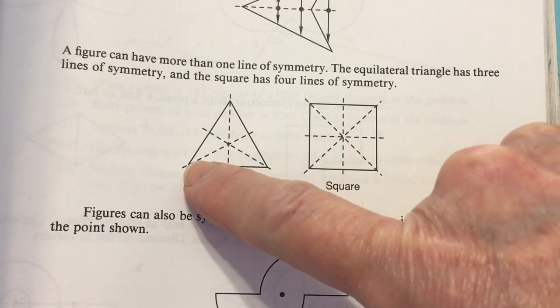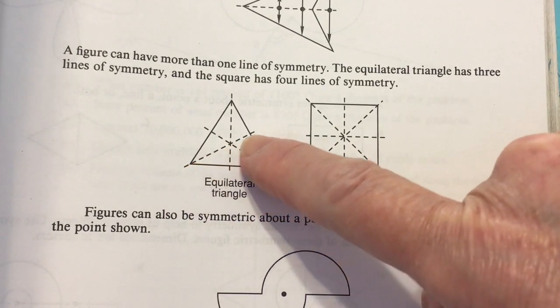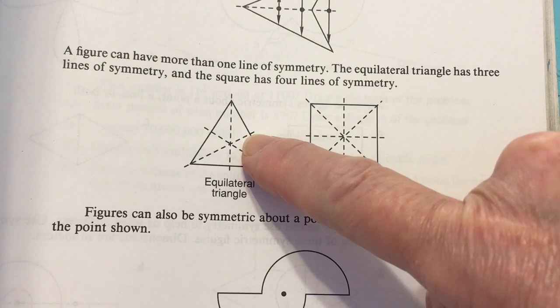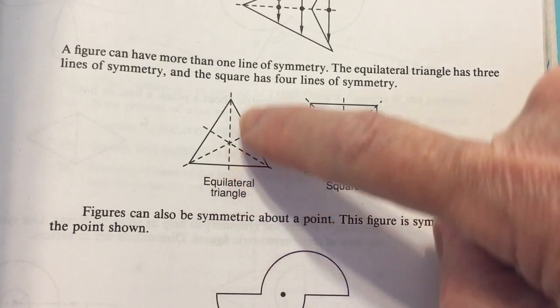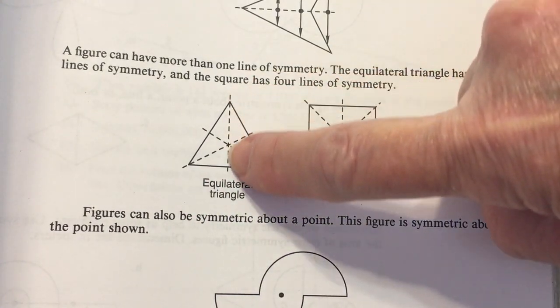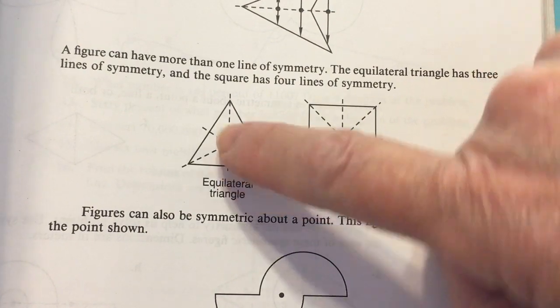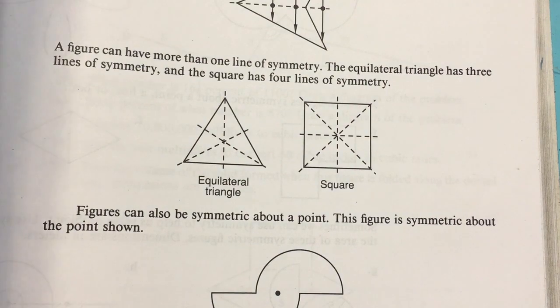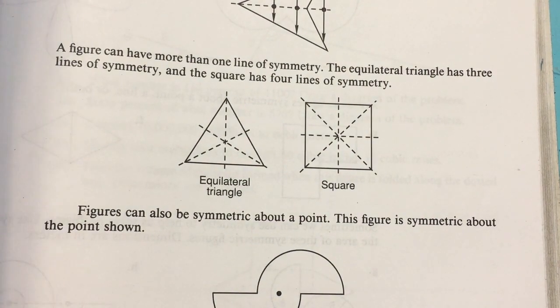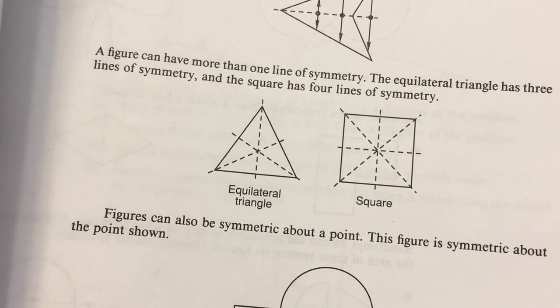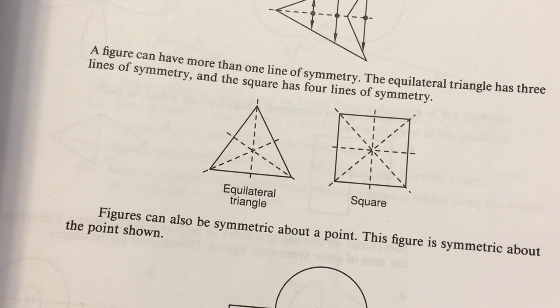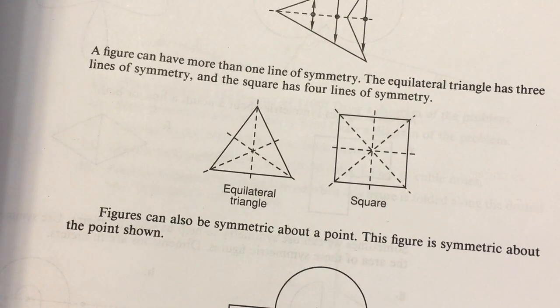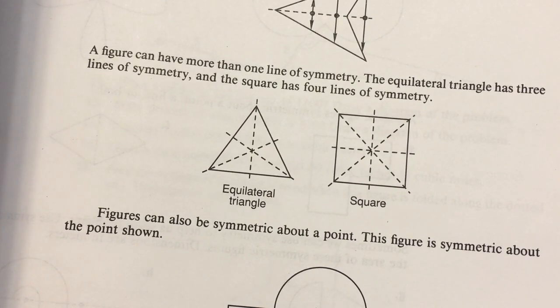You see, this is a vertex, and the line that splits the triangle coming from the vertex, and then from here down to the other edge, and then from this vertex all the way across. And if we folded the triangle on any one of those dotted lines, then it would meet itself on the other side.